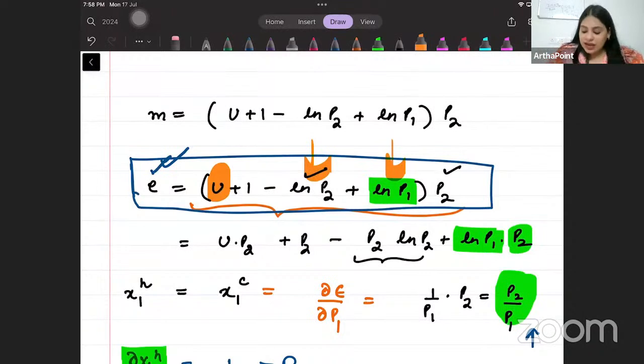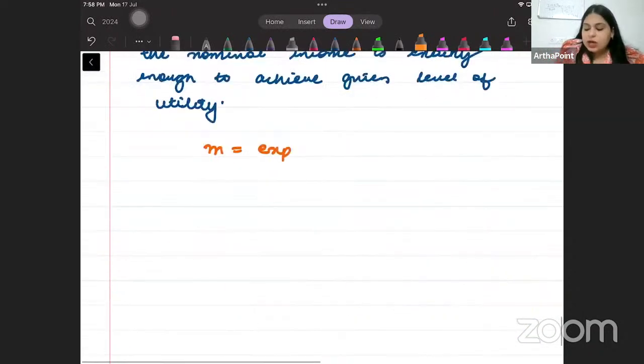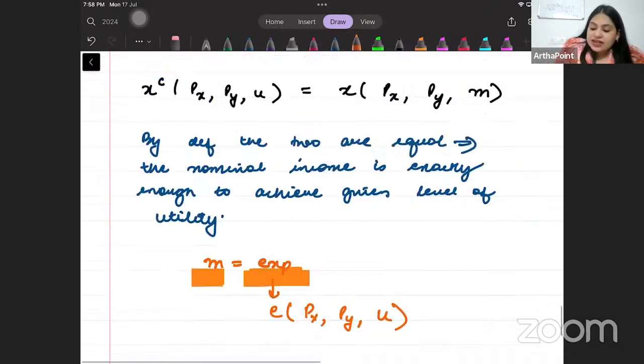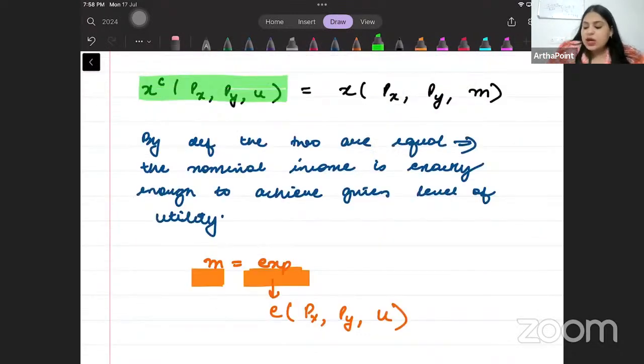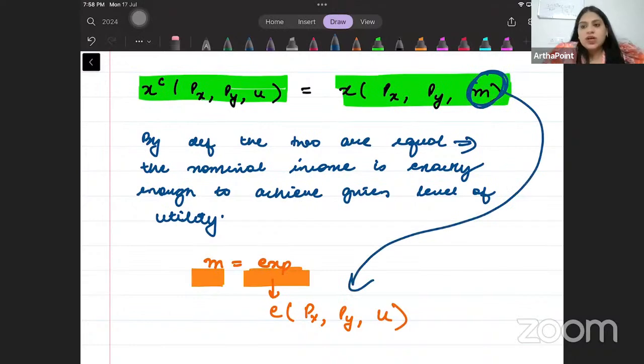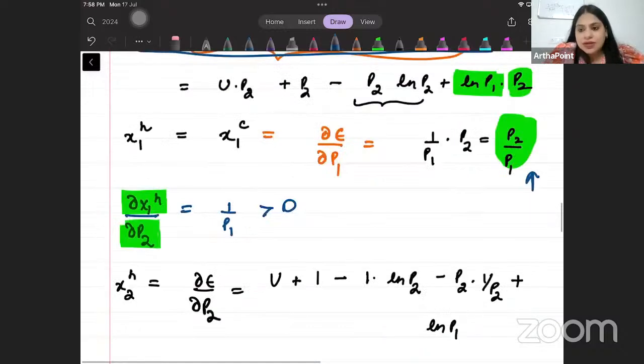So income is equal to expenditure, and expenditure is a function of prices and utility. I just showed you in the above example also. So here, instead of income, I can just put my expenditure function. कर सकते हैं, income और expenditure same है, हमने ऊपर ही prove किया, हर example में हम करते हैं.